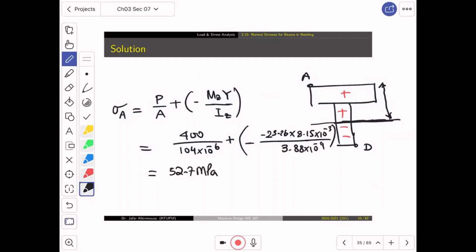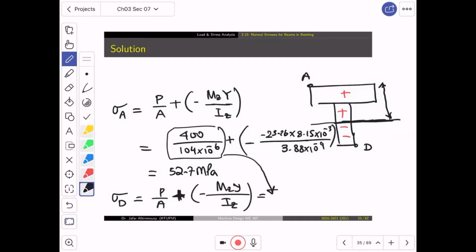Okay. Now, with respect to sigma D, I will have again P over A, which I know, plus minus Mz y divided by Iz, which is going to be equal to, again, this part in here, plus, minus, and then I have minus 23.26 multiplied by what? Minus 11.846 multiplied by 10 to the power minus 3.